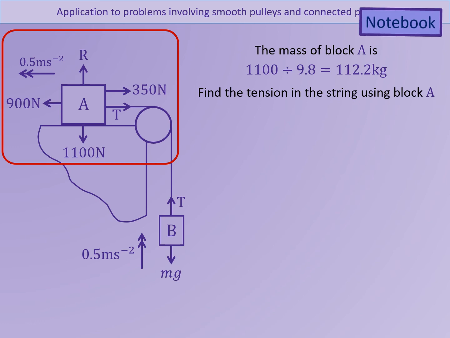We're now going to calculate the tension in the string. We're going to use F equals ma horizontally on block A. Taking the left direction as positive, as this is the direction of motion, we can see that the forces in the horizontal direction, positive minus negative, will be 900 minus 350 minus T. Those three terms make up F. On the other side, we have m, which we have just calculated, times a, which we were given in the question as 0.5.